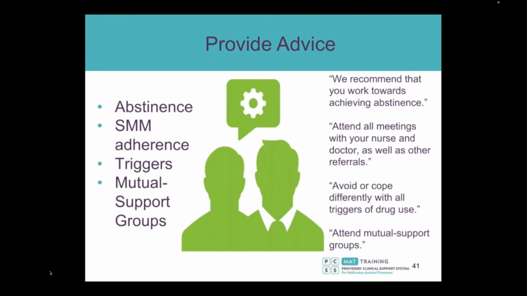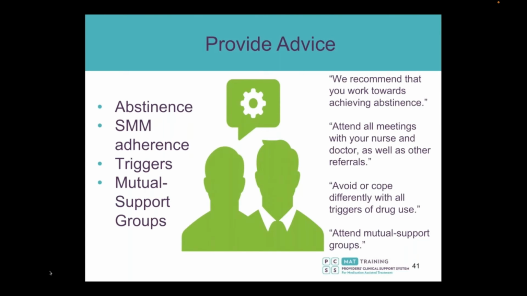We're not going to be satisfied only with a reduction, but we're also not going to immediately pressure someone to achieve abstinence immediately. But advising them to attend all meetings with you, the physician, with the nurse, with whoever's doing the psychosocial component of SMM, and all referrals will help towards this end.